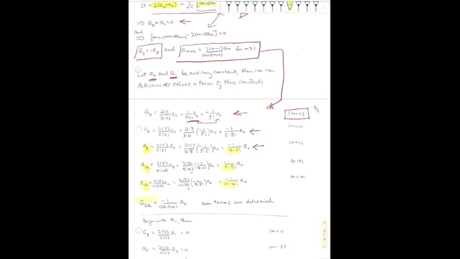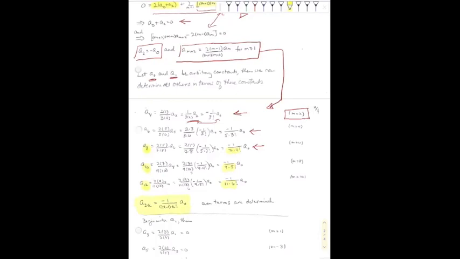So it takes a little while to see the pattern, but I've got all these even terms, and this is how the terms are related to A0. And you just have to play with that pattern for a while before you figure it out. But this is all my even terms.